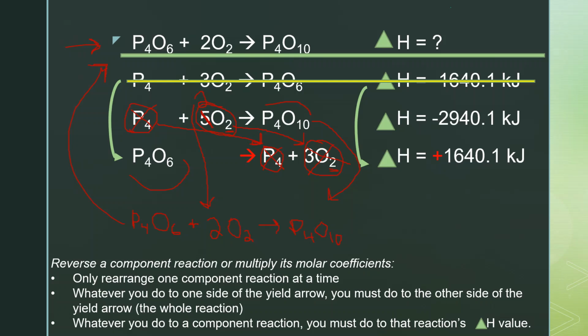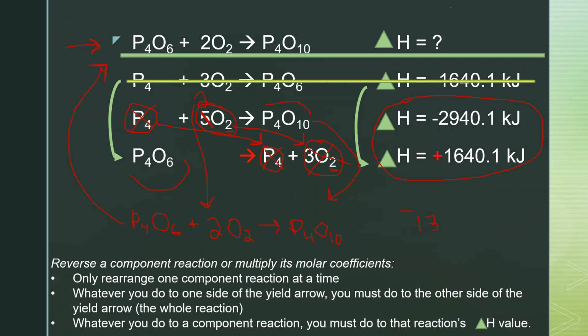Now, the next step is we take these component reactions' enthalpies and we add them together. And see, you have to take the new enthalpy that's been changed to a positive in order to get the correct equation. So positive 1640.1 plus negative 2940.1 is negative 1300.